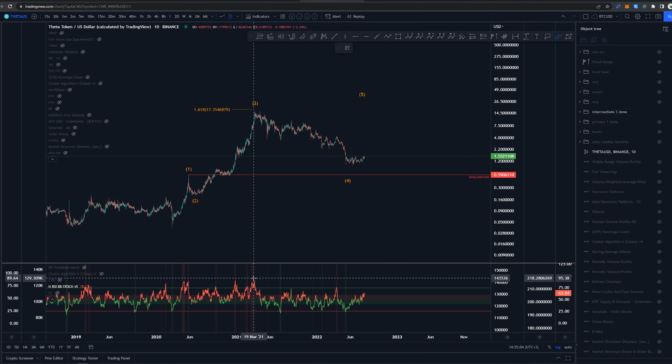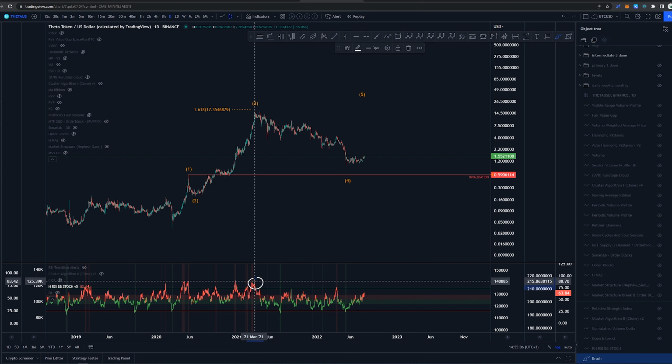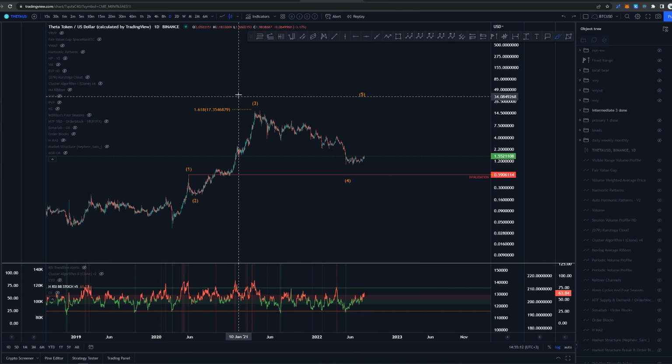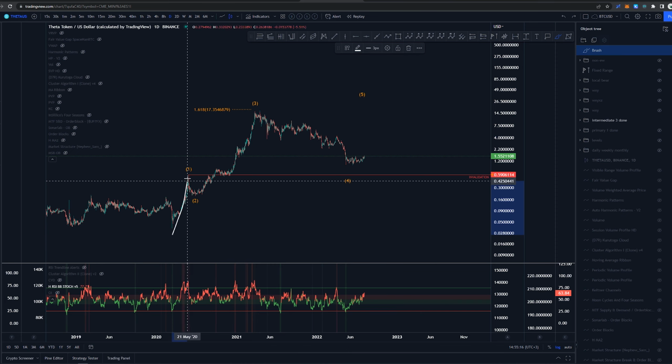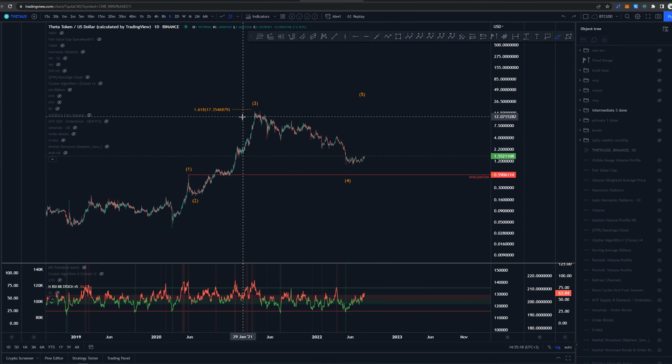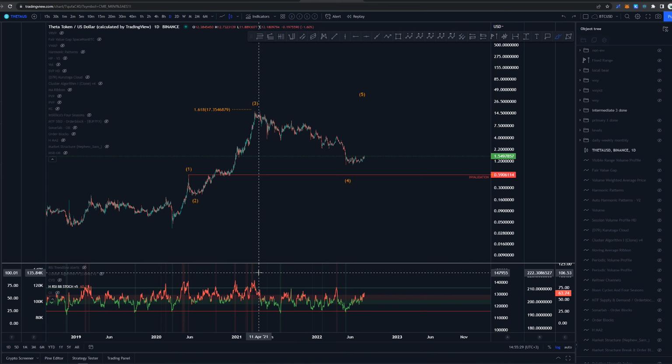So this counts definitely as a possibility though. Here we have still a very high RSI reading, probably the highest RSI reading at least on daily, at the very tip top. So it is also possible to imagine that this could be an A, B and C, but for corrective wave structures, you do not see a divergence at the very end.